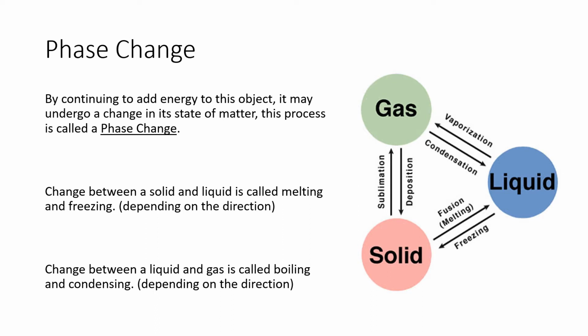And that's called boiling, condensing. If we go from a gas and we take out some energy, say we reduce the temperature and take out energy, we'll be going from this gas into a liquid.